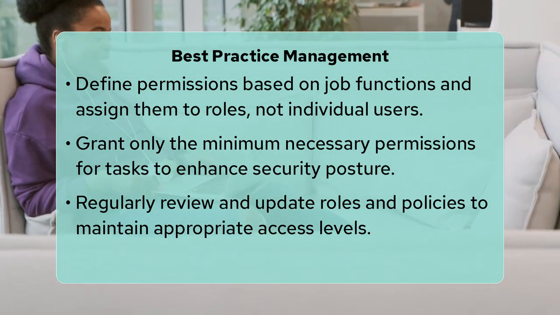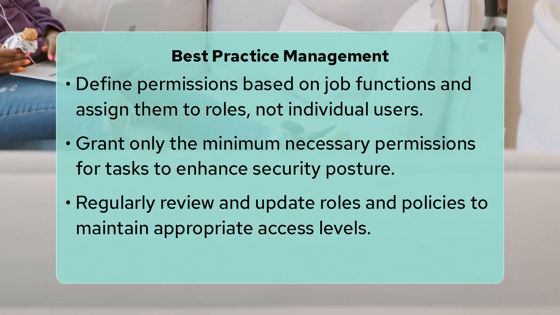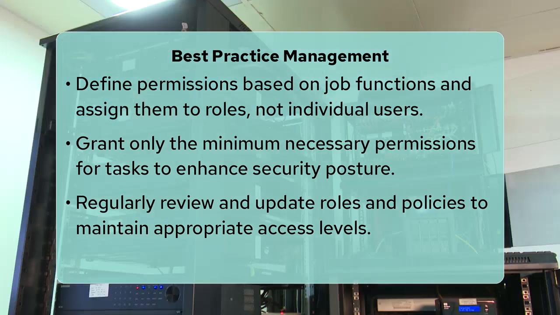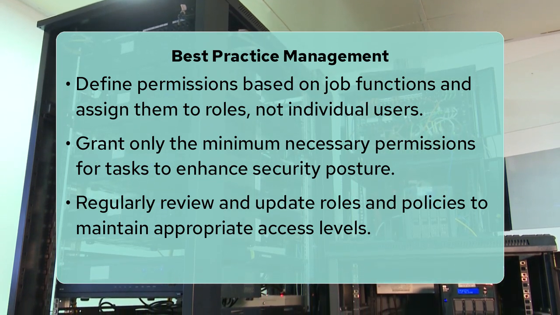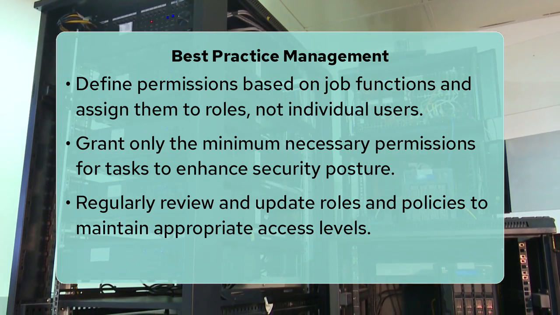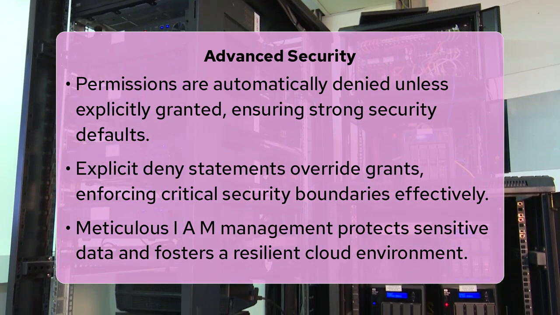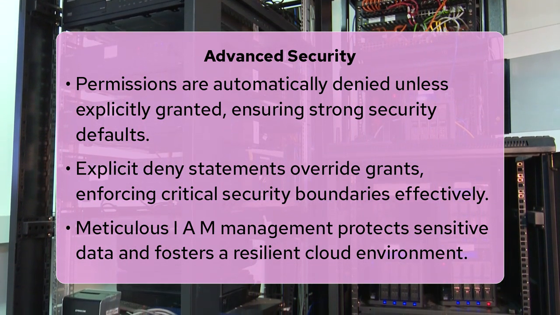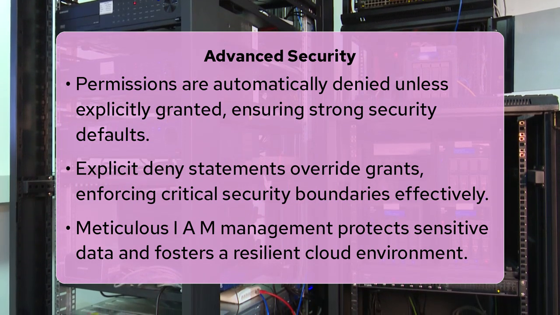A fascinating aspect of cloud permission systems is their implicit deny mechanism, meaning that unless a permission is explicitly granted, it is automatically denied. This provides a strong security posture by default. Additionally, policies are evaluated based on a precise order of precedence, where explicit denies often override explicit grants, ensuring that critical security boundaries are always respected.